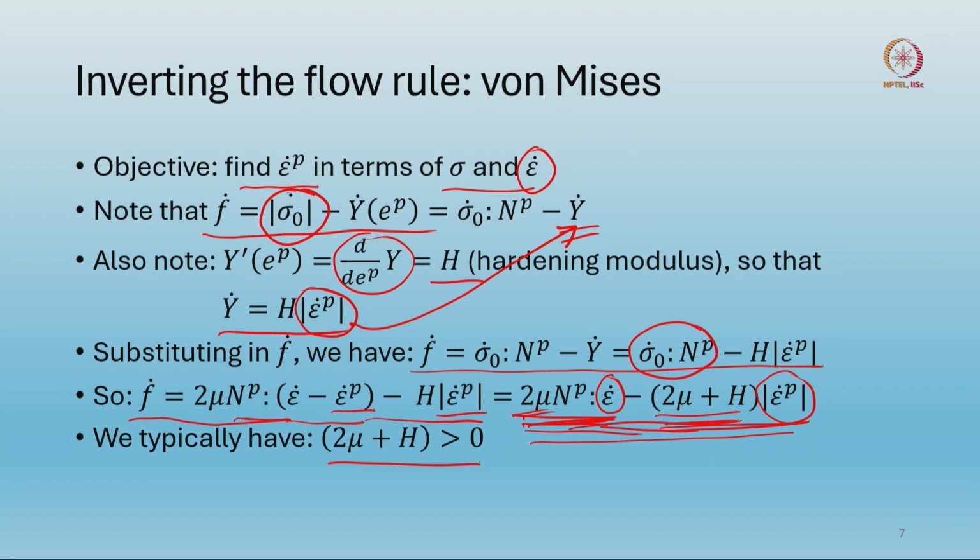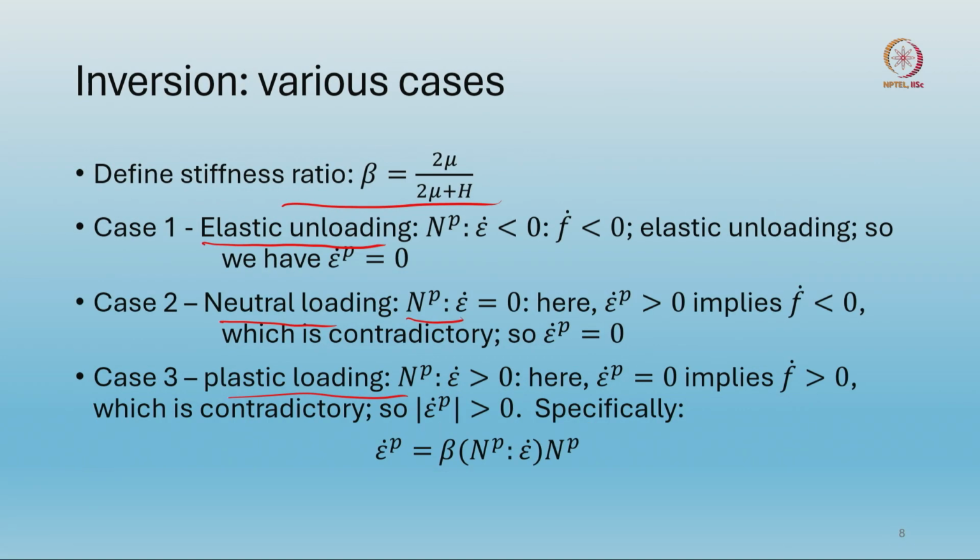Starting from f equal to 0, f dot greater than 0 means in the next time step f will be greater than 0, which is inadmissible, because the stresses cannot leave the yield surface, go beyond the yield surface. So the only possibility when NP colon epsilon dot is greater than 0 is that plastic flow must occur. Therefore, the modulus of epsilon p dot must be greater than 0 for f dot to be equal to 0. So this is the plastic loading condition, correct.